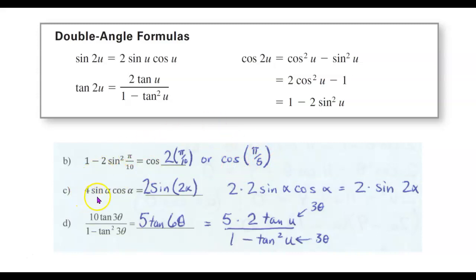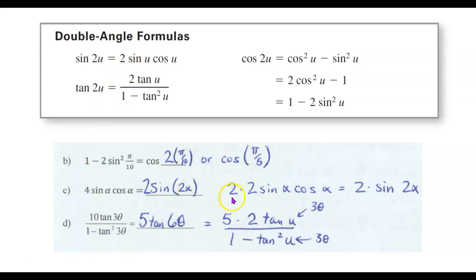How about 4 times the sine of alpha times the cosine of alpha? See anything that looks like that? Well, this right here, 2 sine u cosine u, looks a lot like this. There's a u in place of an alpha, but remember the u can stand for anything. And there's a 4 out in front, where in the formula there's a 2, but we can take that 4 and break it up into 2 times 2.